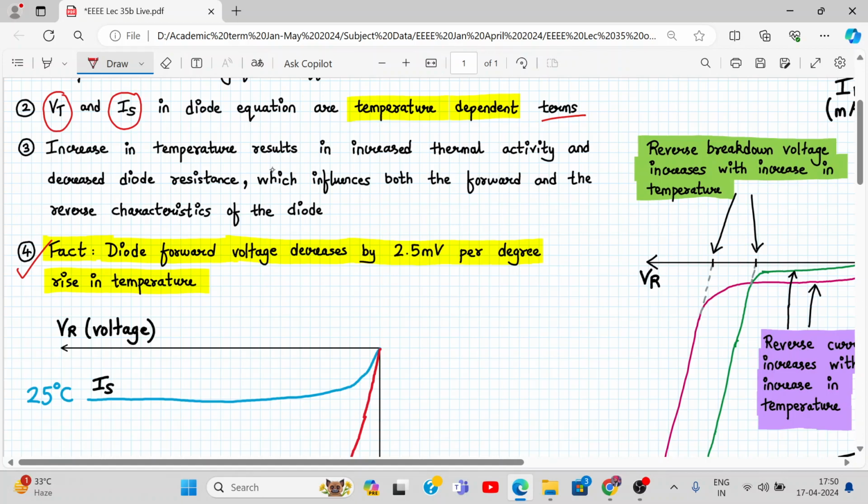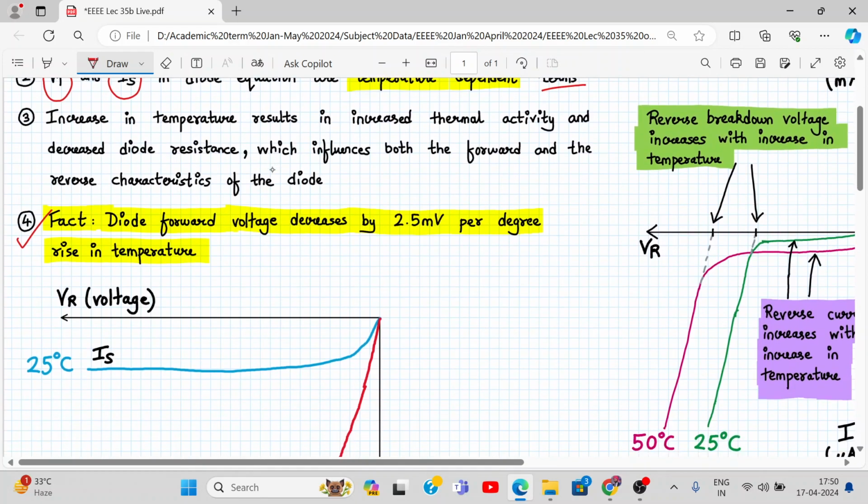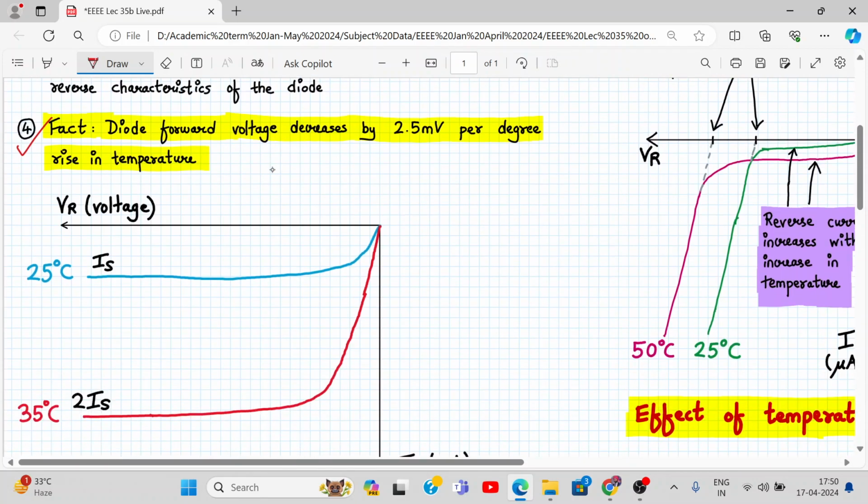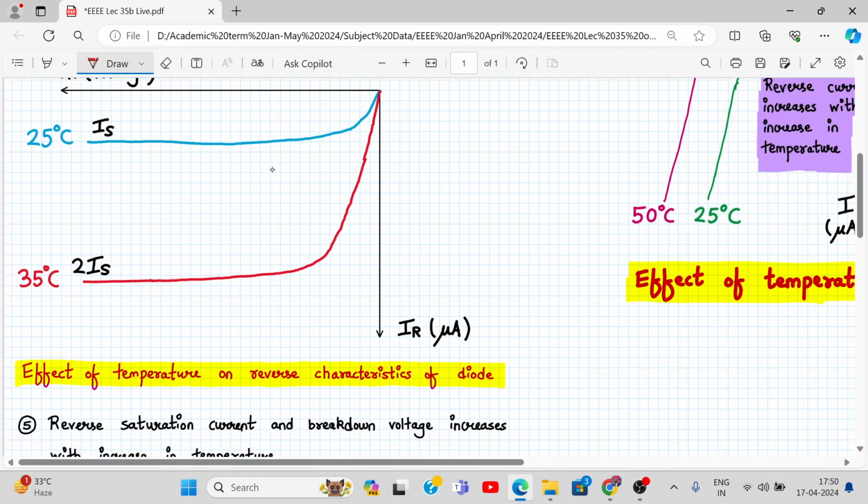Diode forward voltage decreases by 2.5 millivolt per degree Celsius rise in temperature. So let's say the temperature has risen by 10 degrees Celsius. How much will the forward voltage decrease by? 25 millivolt. Okay.